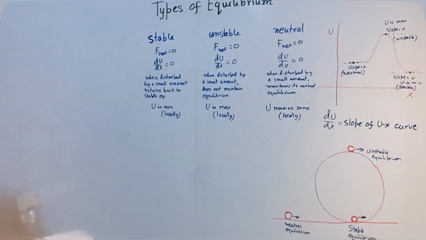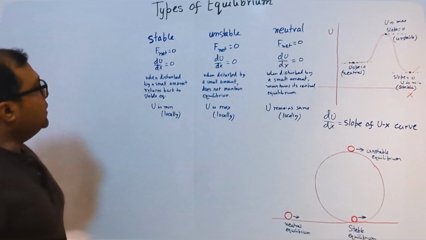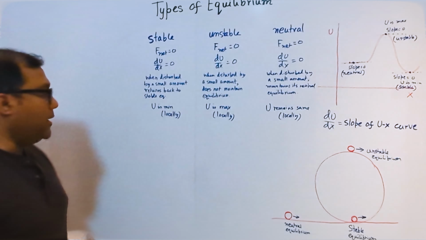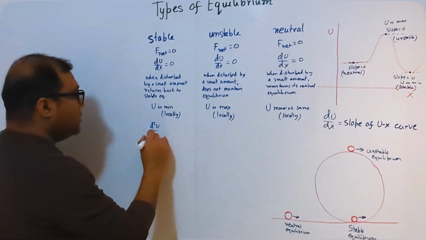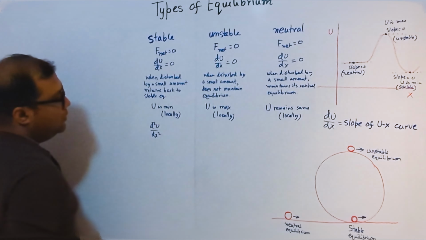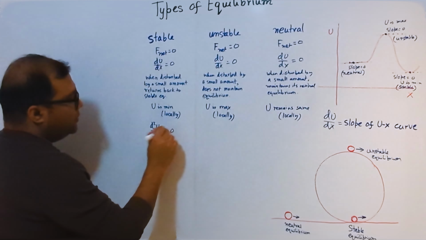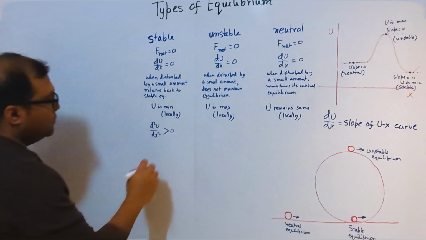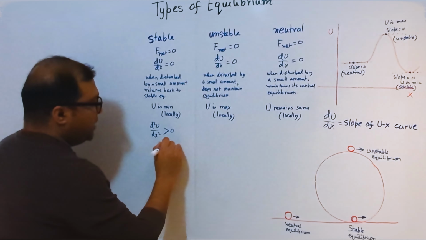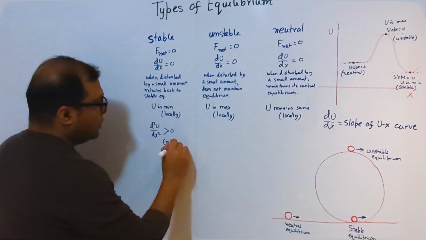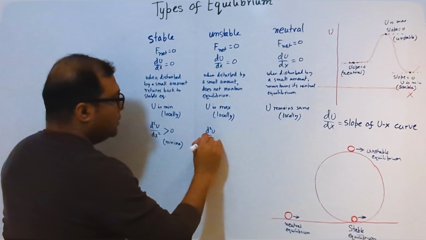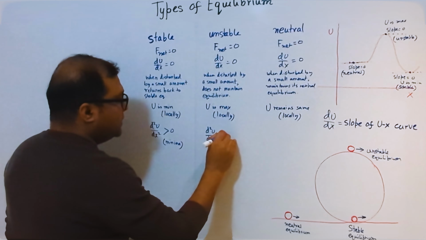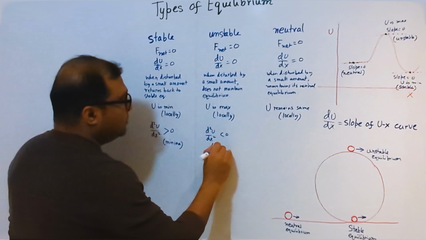Okay? Now, what's the condition of U being minimum? The second derivative, d square U dx square, should be greater than 0. So, this is the condition of minima. Here, d square U dx square should be less than 0. This is the condition of maxima.